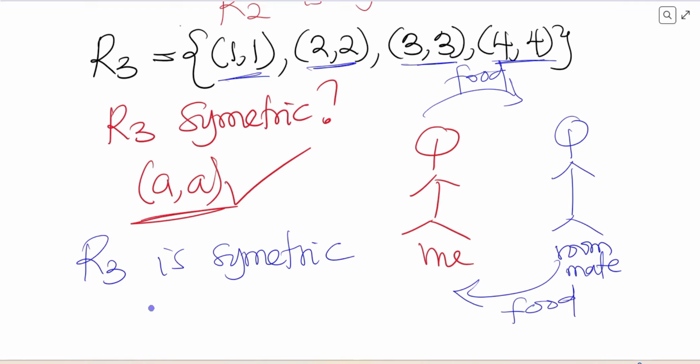The reason is we have 1 here and we have 1 here. If I should interchange the position of this and that, it is still going to be 1, 1. So the counterparts are themselves. So R3 is symmetric.